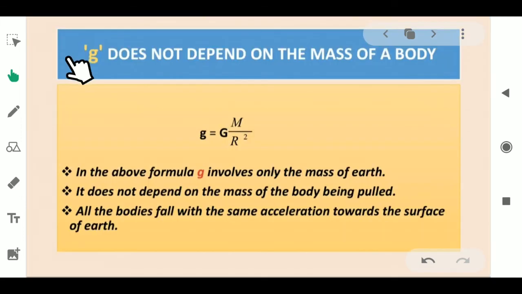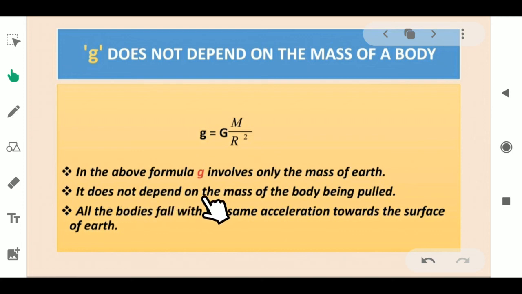Next, acceleration due to gravity does not depend on the mass of a body. We know that the equation is g is equal to GM by R square, right? In this formula, g involves only the mass of Earth. Here you can see that capital M is the mass of Earth. It involves only the mass of Earth, not any other bodies.